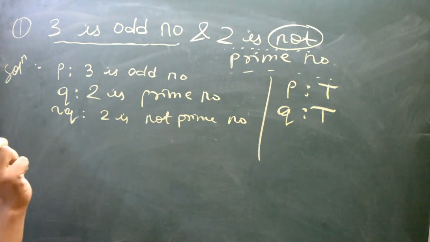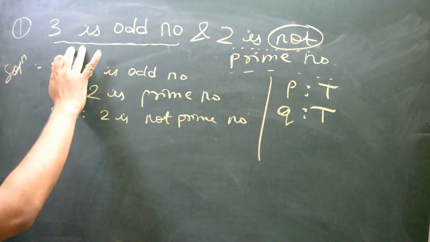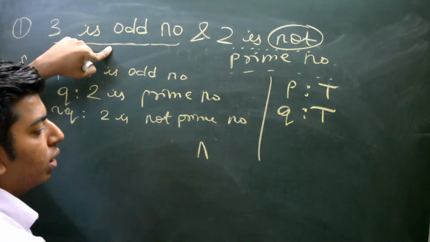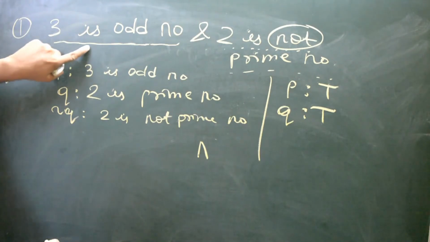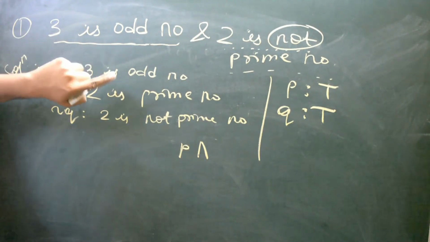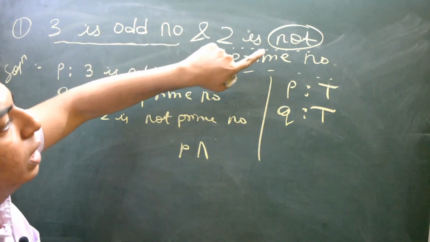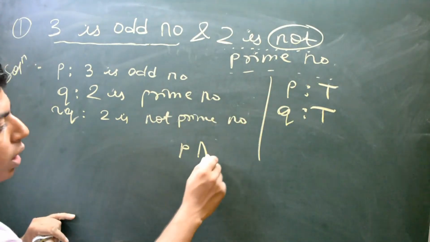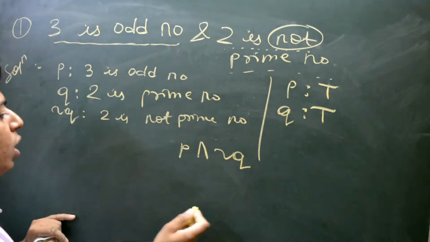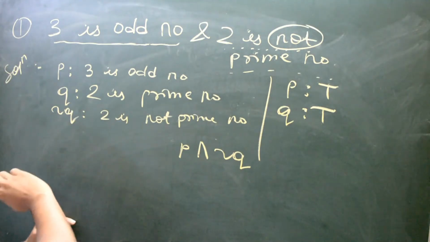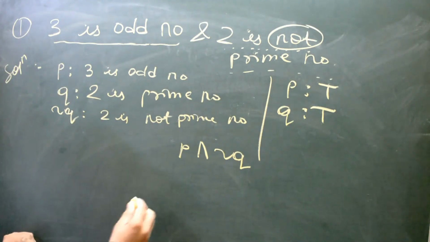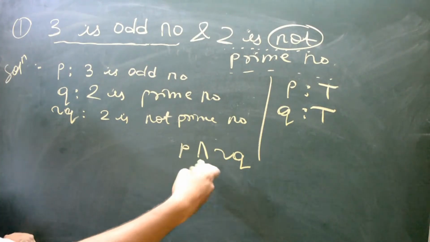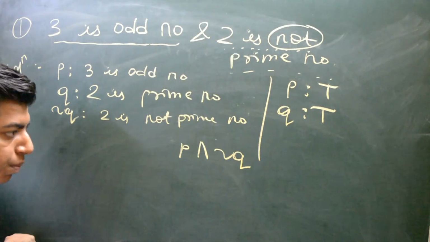Then what is asked in the question is 3 is an odd number and, which means conjunction, that is P conjunction, 2 is not a prime number, that is negation Q according to our P and Q. So this is the logical representation of this sentence.